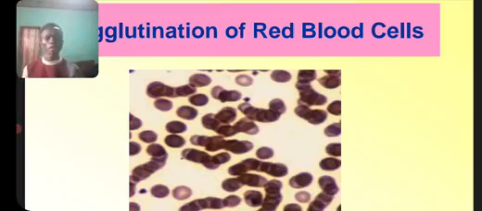This is what happens to red blood cells in the blood vessels. If they agglutinate and clump together, first of all, they're not going to carry out their function as red blood cells, and as they clump together and pass through the tiny capillaries of the body, they end up blocking somewhere, clotting.